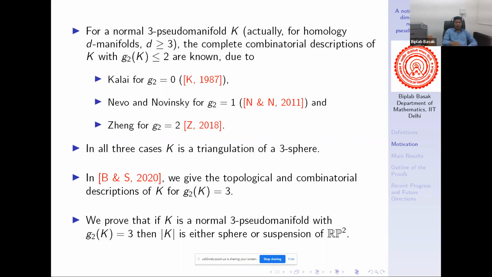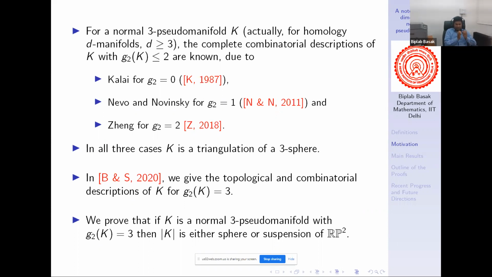Now if you take G2 equal to 3, then in general dimension it is very difficult to construct, because we do not have any control on the singularities.